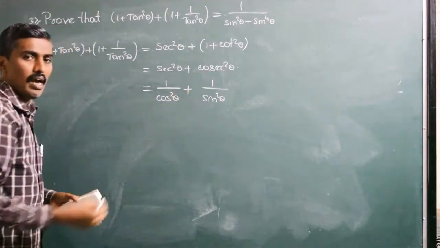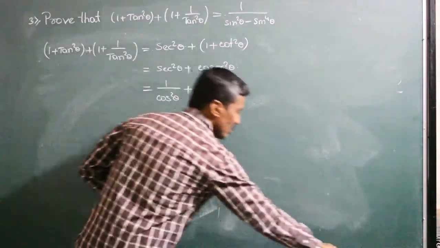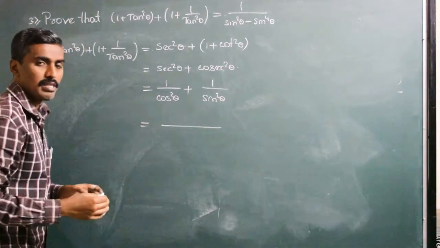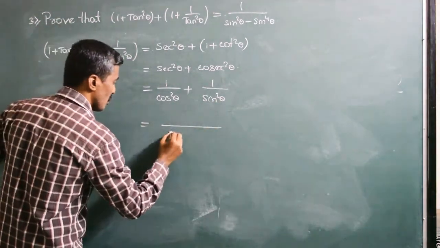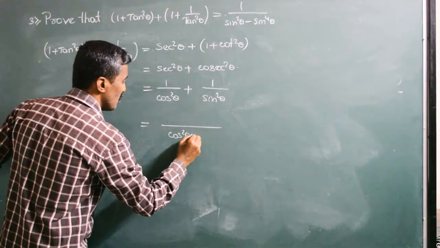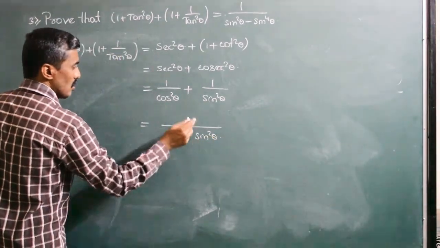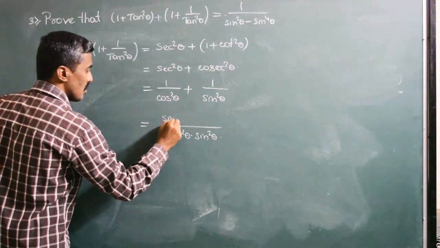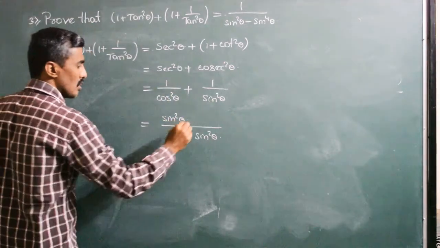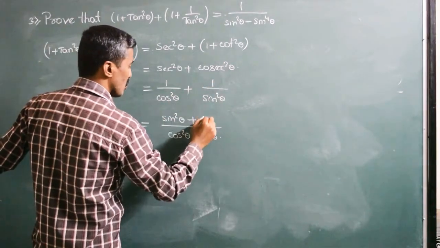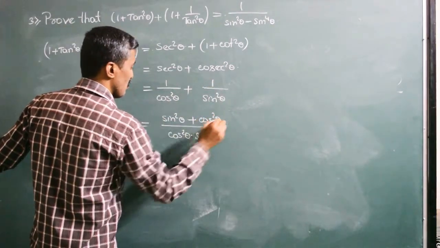Now we have to add these two fractions. So denominators are not equal, therefore we have to go for LCM. LCM is sine square theta into cos square theta. So cos square theta is there, then we have to multiply by sine square theta. So 1 into sine square theta is sine square theta plus sine square theta is there, then we have to multiply by cos square theta. 1 into cos square theta is cos square theta.